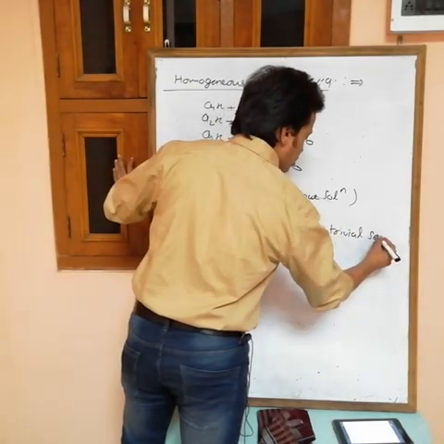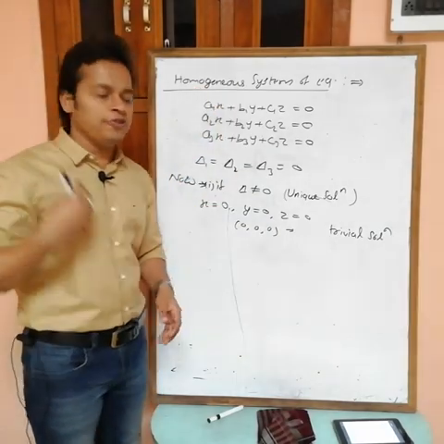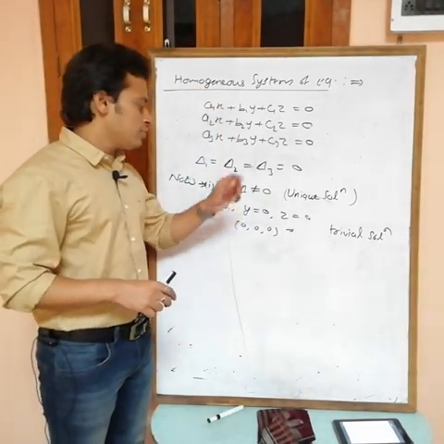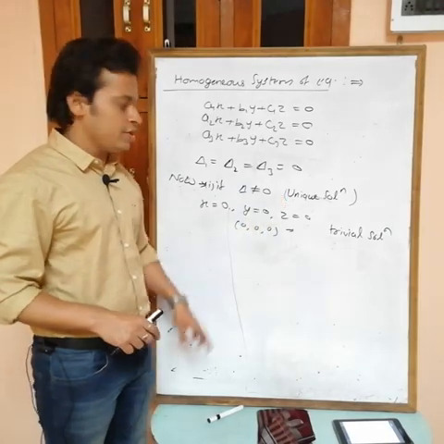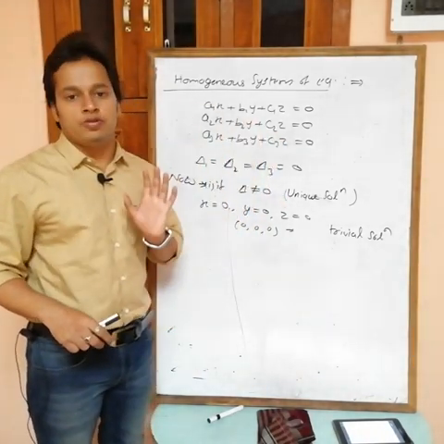Oh, this is the trivial solution now. So in case of a homogeneous system of equations, if del is not equal to 0, then we have a unique solution, and that unique solution is 0, 0, 0. It means trivial solution.